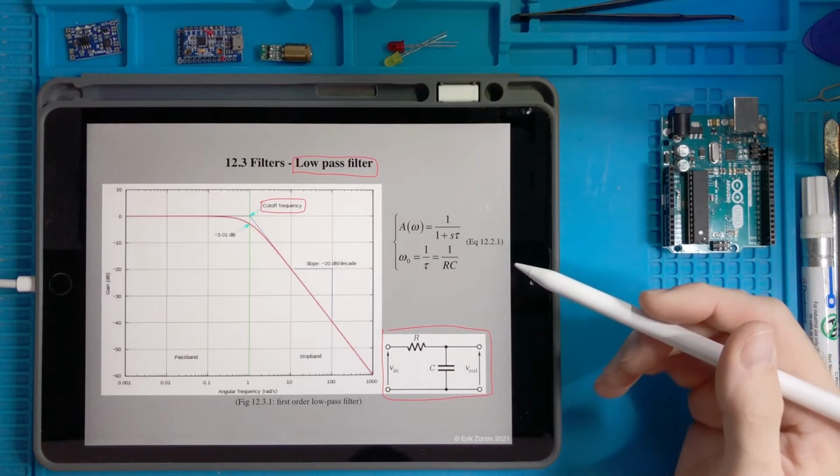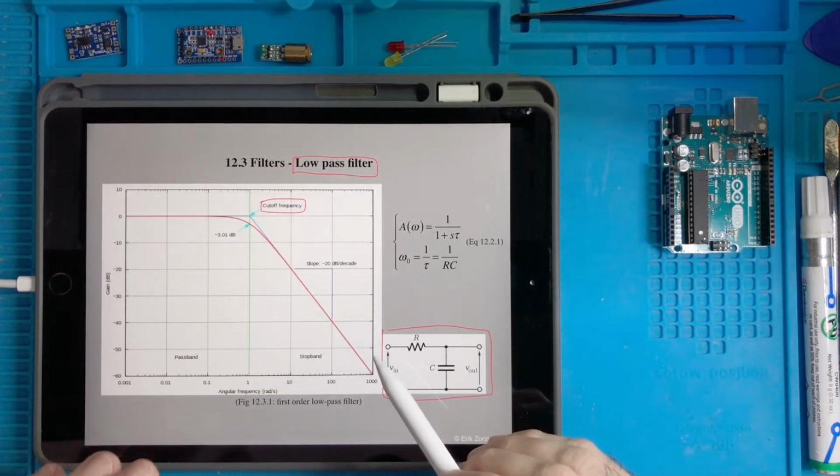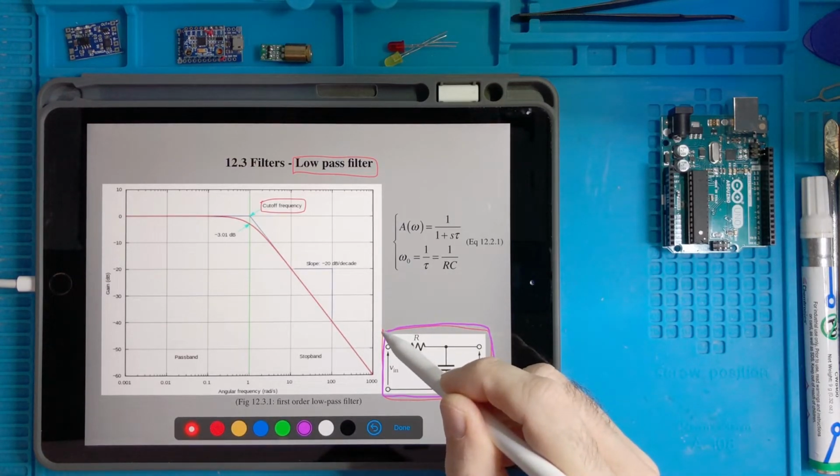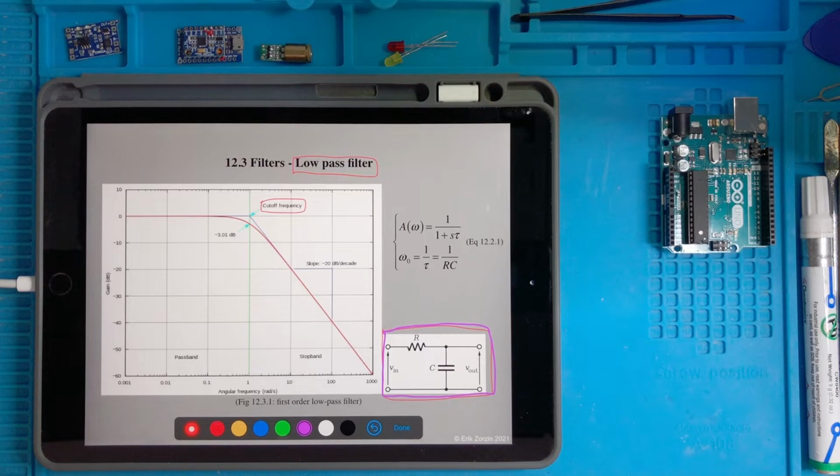Then another thing is that we solved this circuit in the frequency domain involving transfer functions, Fourier transform, and all these things without computing a single integral.